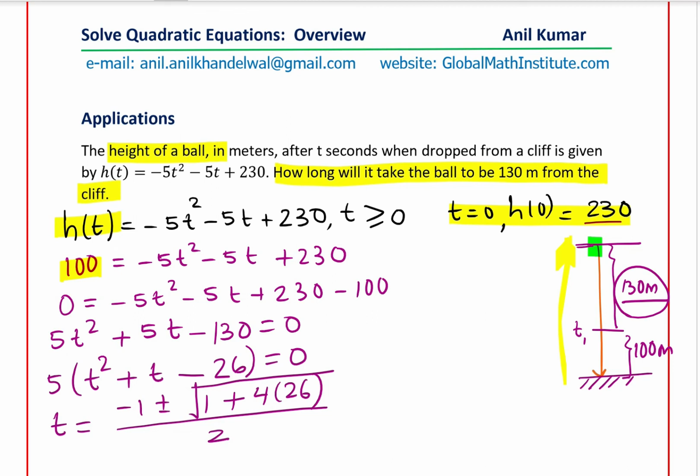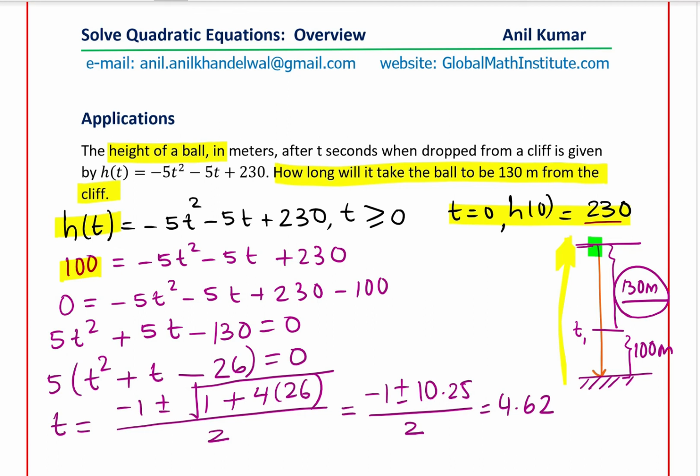The square root of 105 is approximately 10.25. So t equals minus 1 plus or minus 10.25, divided by 2. Since we are looking for a positive value, we'll take 10.25 minus 1 and then divide by 2 to get our answer, which in decimals is 4.62.